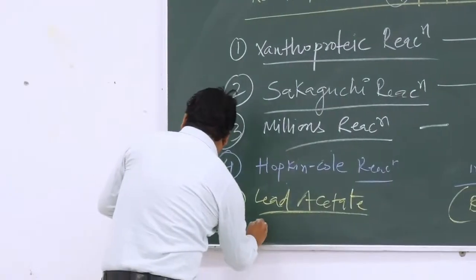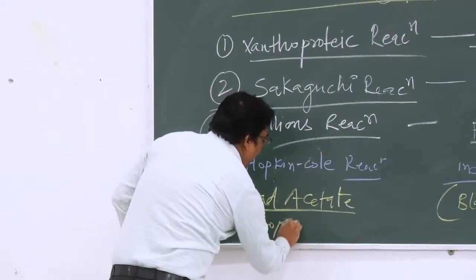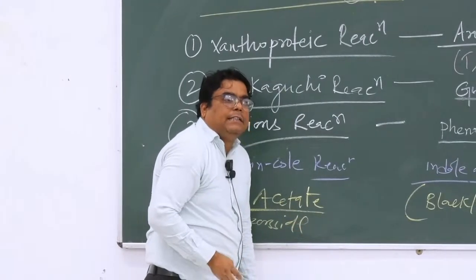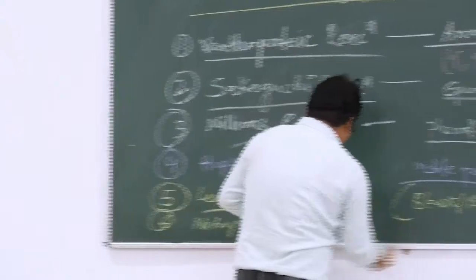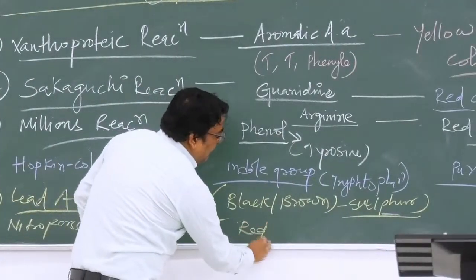The sixth one is nitroprusside. Which ones are sulfur containing amino acids? Cysteine and methionine. Nitroprusside gives red color again.